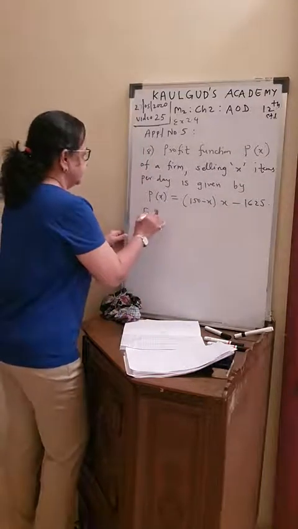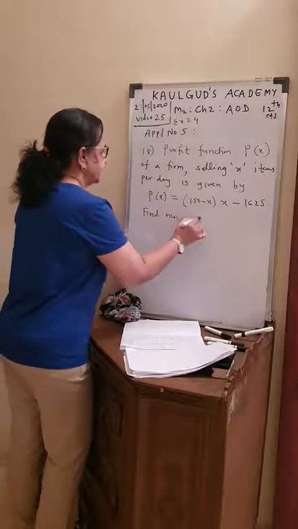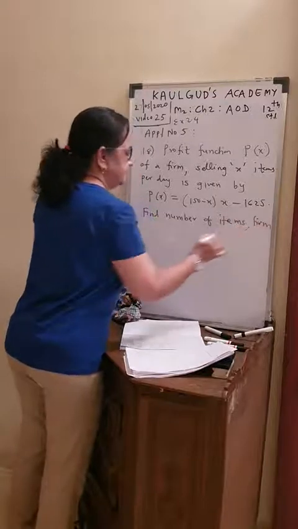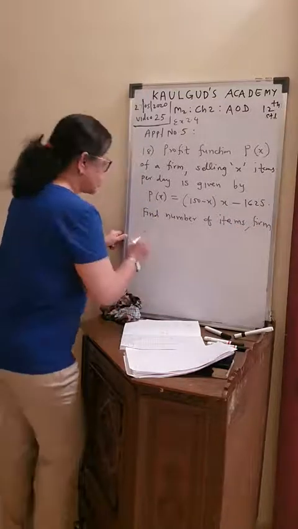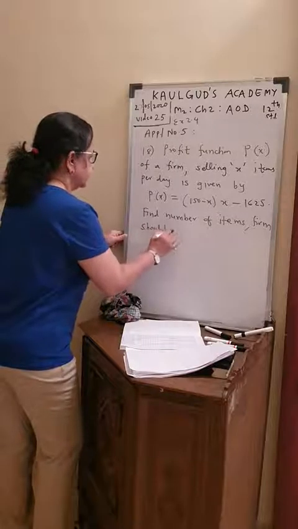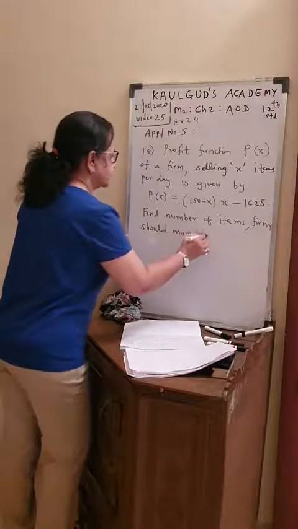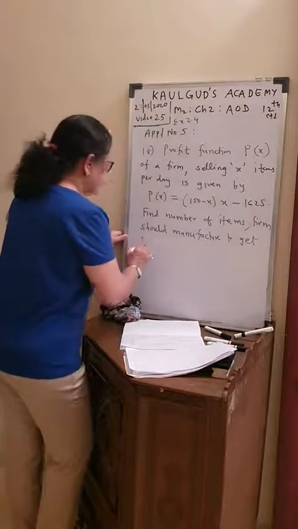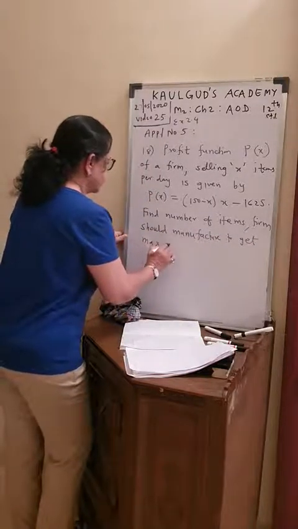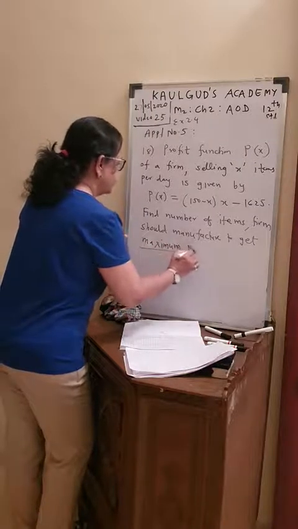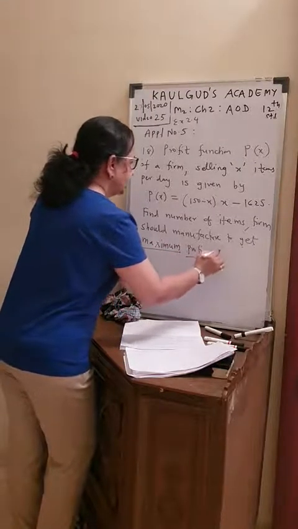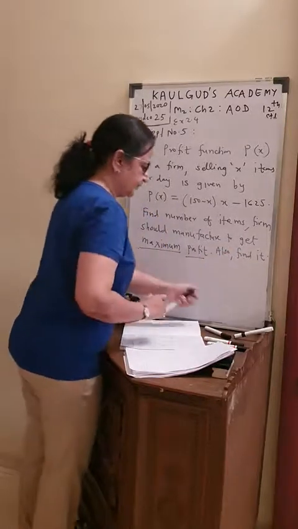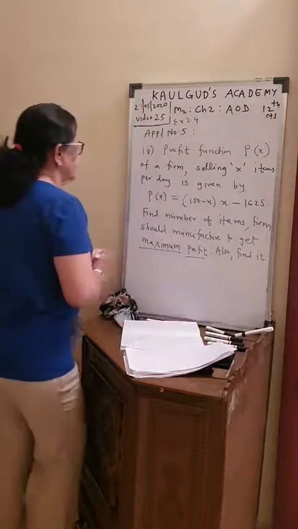Find the number of items the firm should manufacture to get maximum profit. Also find it. That is, the maximum profit we have to calculate. Okay? Solution.